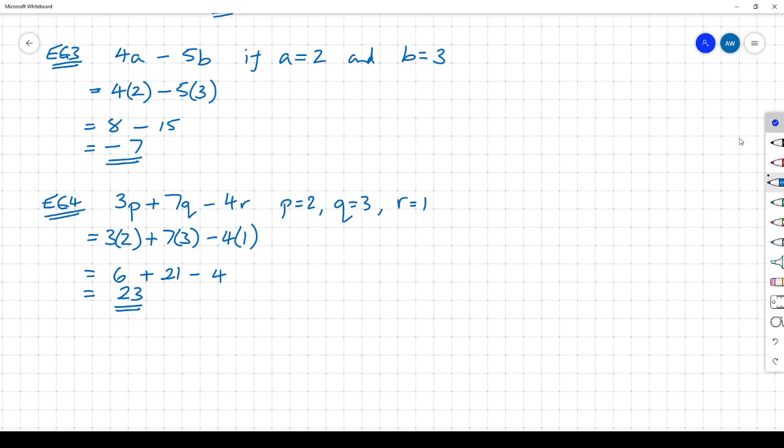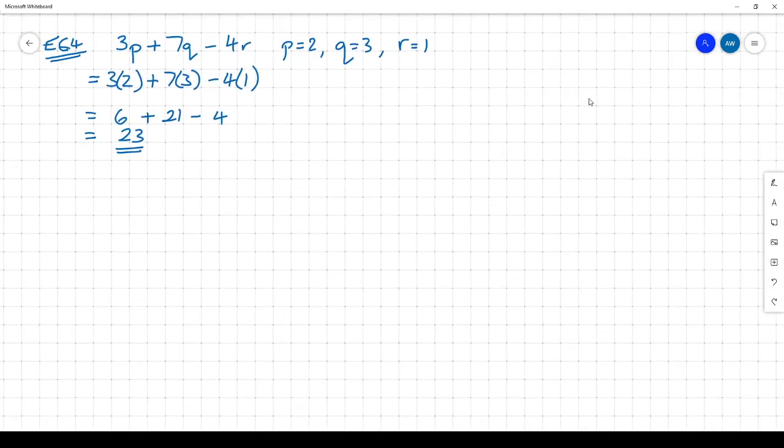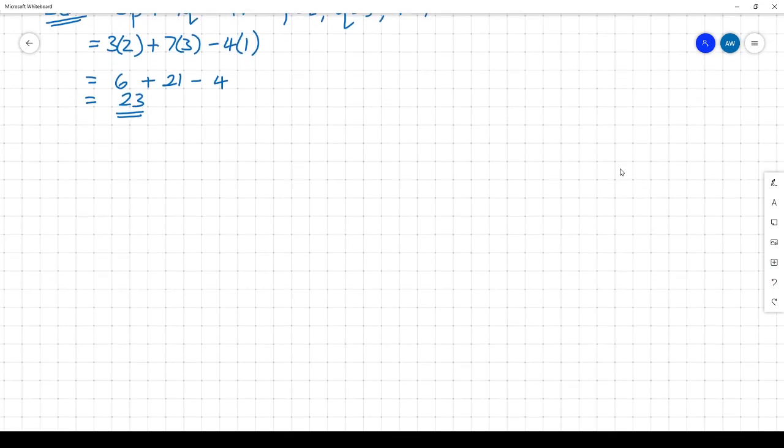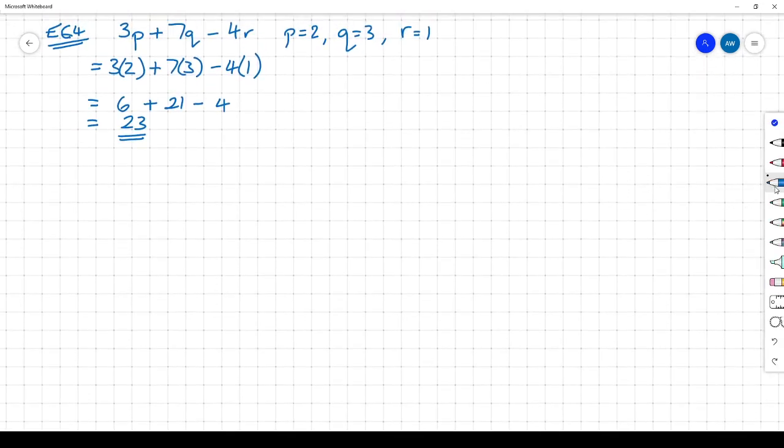Okay, what about some expressions that have some powers? Now we've done indices. Example 5. Evaluate 7x squared if x equals 2. Instead of x we put a pair of brackets and the squared, with the value of x inside the brackets.